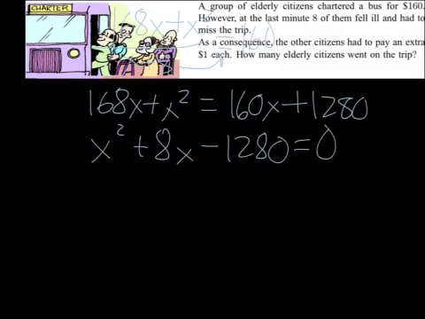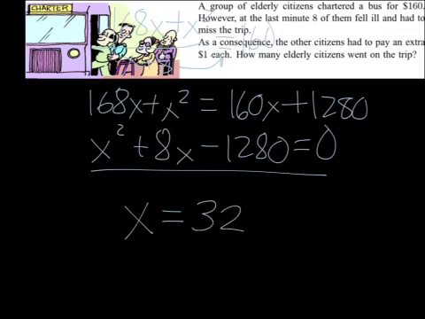That's going to be equal to 0, and from here, go to your graph, go to your app on the TI-84, go to a calculator, do it by hand, complete the square, quadratic formula, try and factor. It does factor, actually. What we'll find is a negative and a positive. We don't want the negative. The positive, I believe, is 32. So that originally were supposed to be 40, 8 of them got sick, 32 ended up going on the trip.